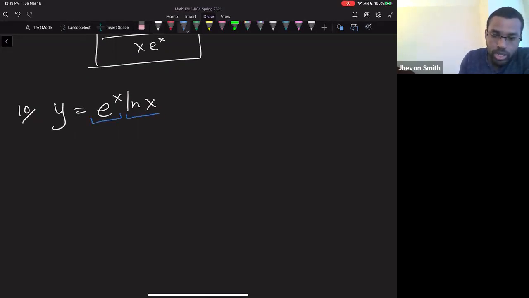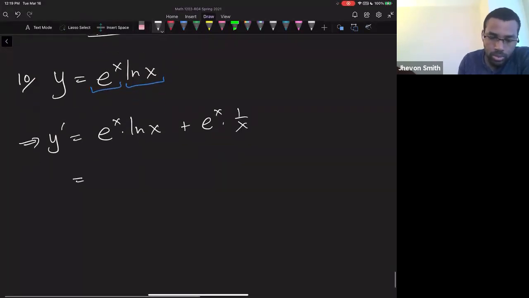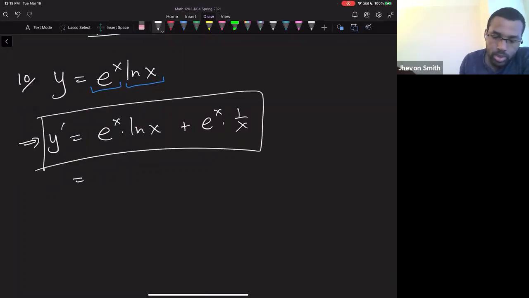Our product of functions can't really simplify anything. This means y prime: differentiate the first one, leave the second, plus leave the first, differentiate the second. So that's that. You could also factor out stuff.